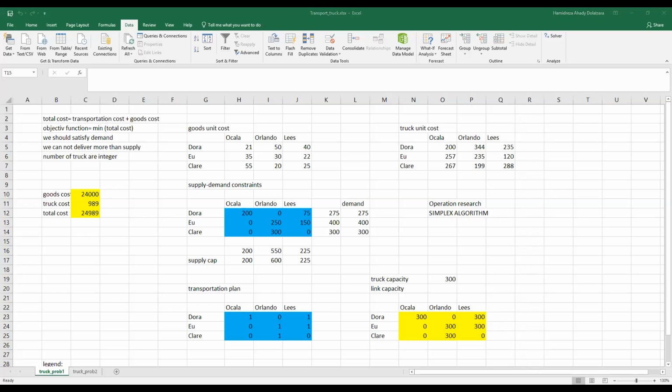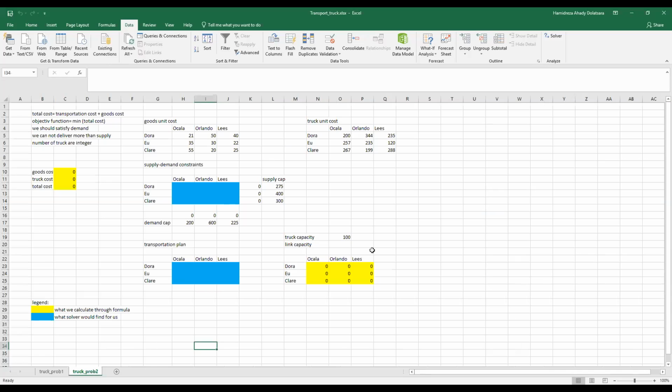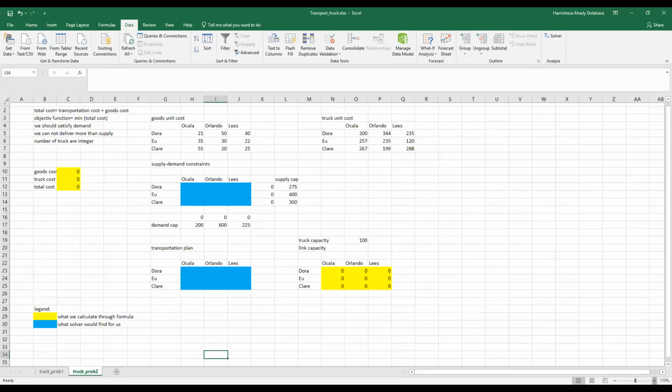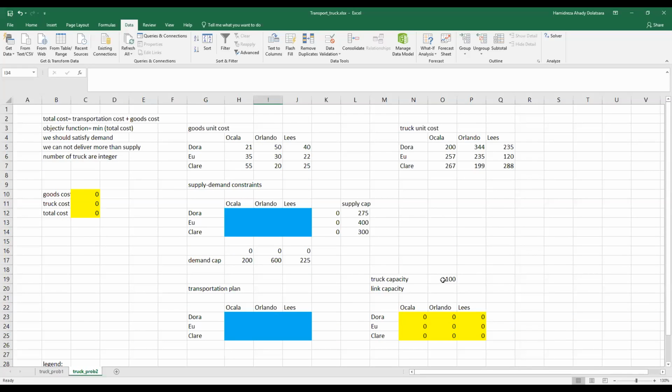For the next one, I asked what happens if the capacity of each truck is 100. If you look at the second sheet, I just changed the truck capacity to 100, and the rest is the same. We didn't change anything.